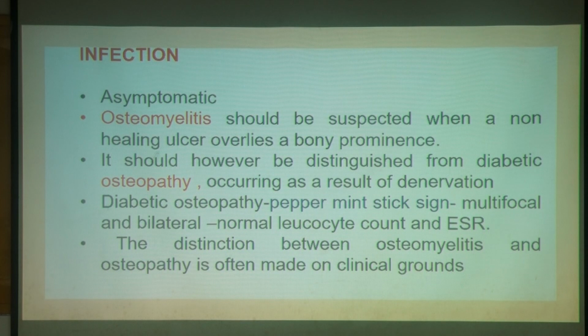If infection is suspected, osteomyelitis over a bony prominence should be differentiated from osteopathy. Osteopathy shows a peppermint stick appearance on X-ray, is multifocal and bilateral, with a normal leukocyte count. The distinction between osteomyelitis and osteopathy is made on clinical grounds.